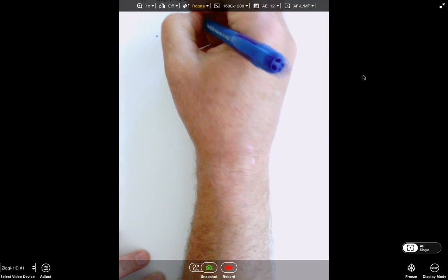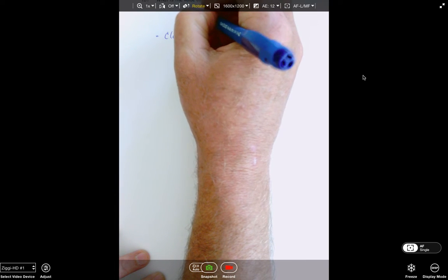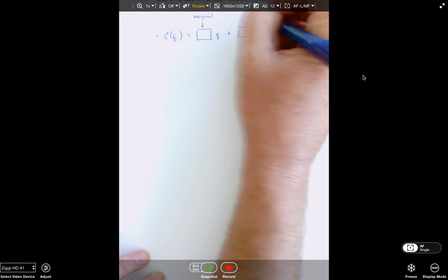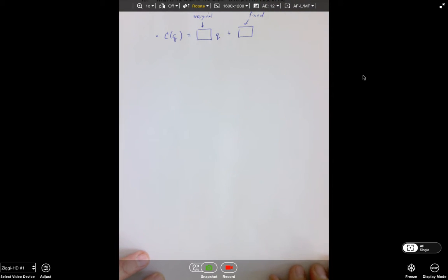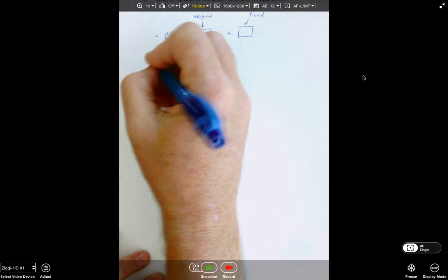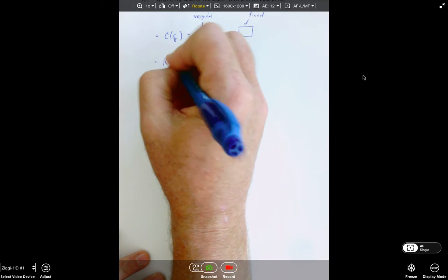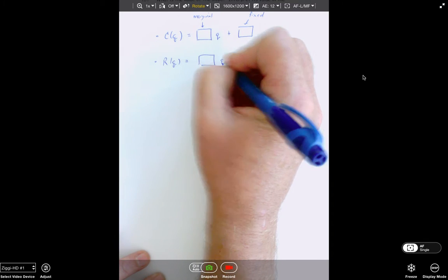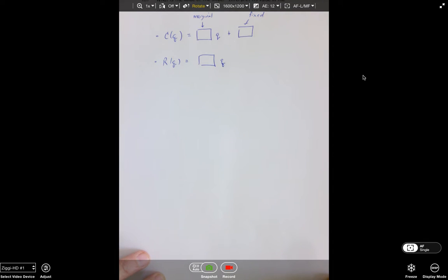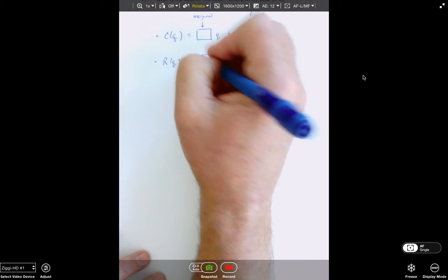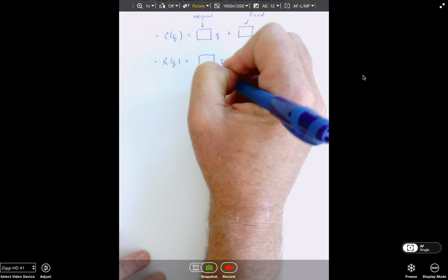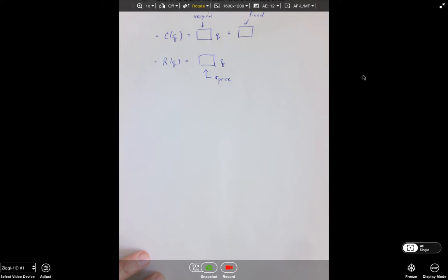This is our marginal cost. And this is our fixed cost. Another thing we've run into is R of Q. And that's a value times Q. What goes in that box? The price.